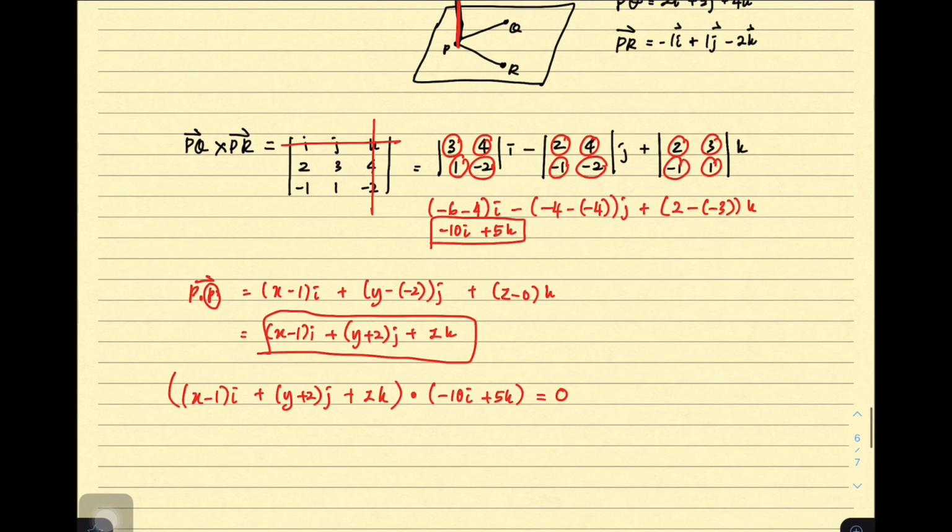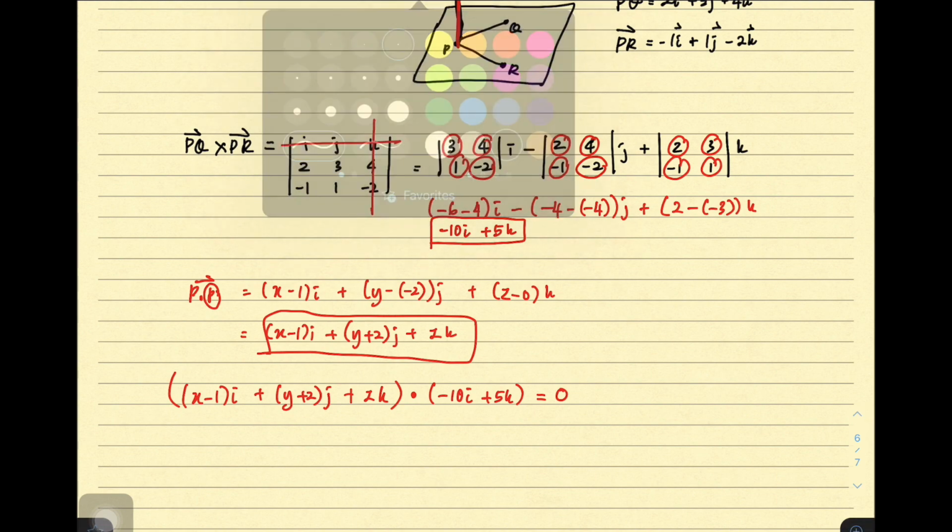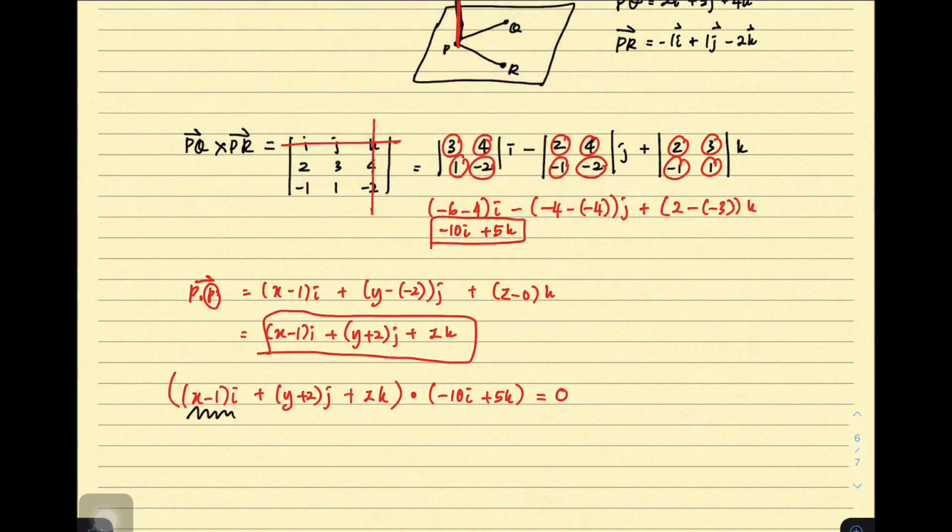So how do we do the dot product? Okay, I multiplied by I, so you will have -10 times X minus 1, plus J multiplied by J, so J here is 0, so you have 0 multiplied by Y plus 2, plus K multiplied by K, so you have 5 multiplied by Z must be equal to 0.